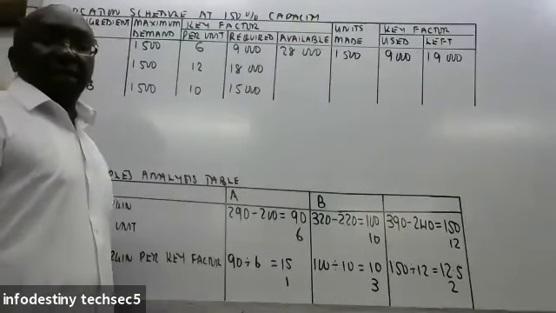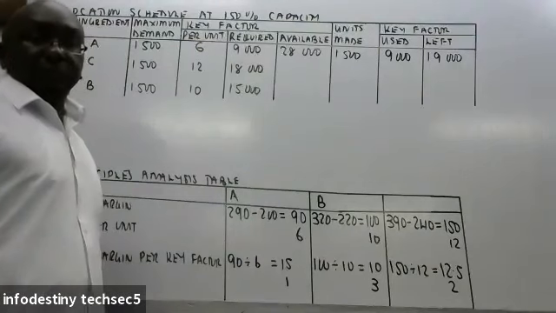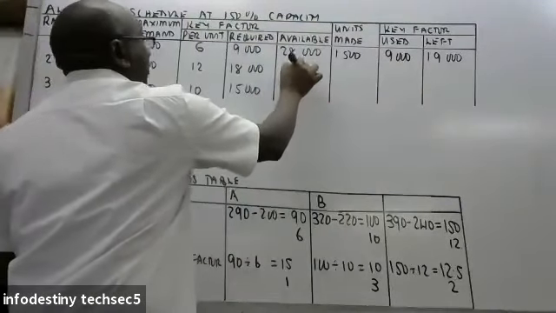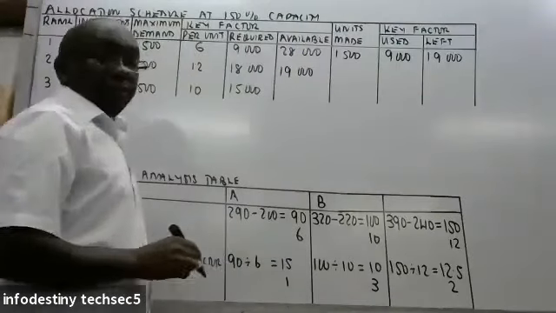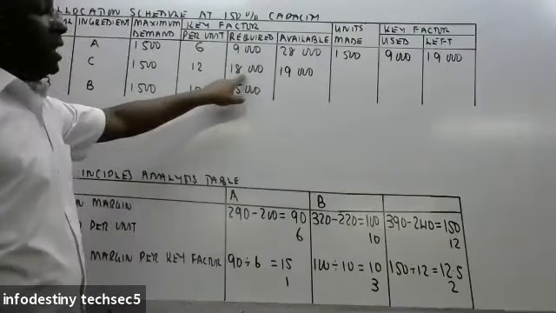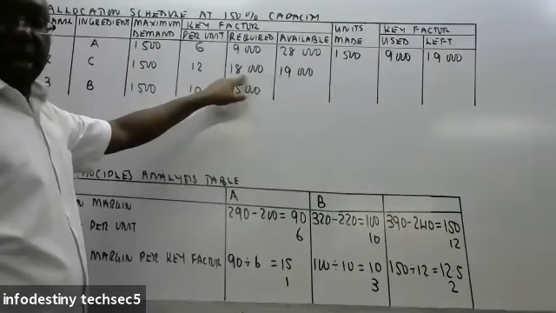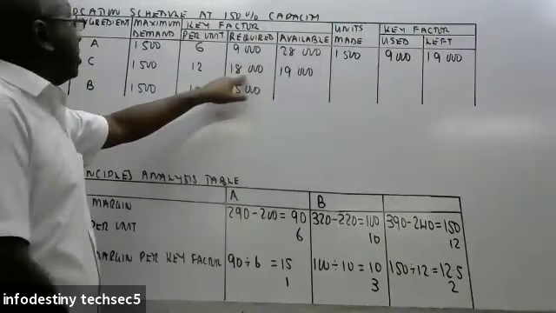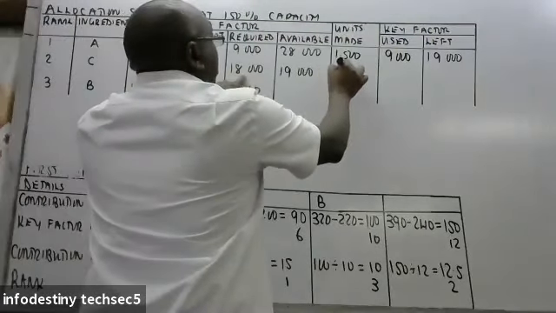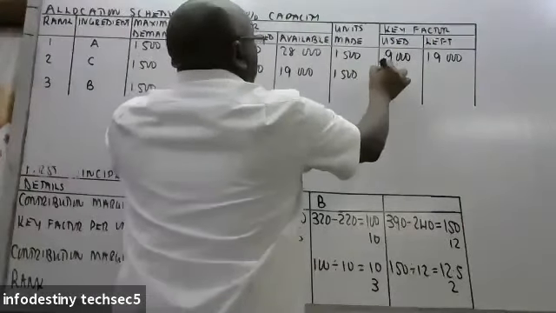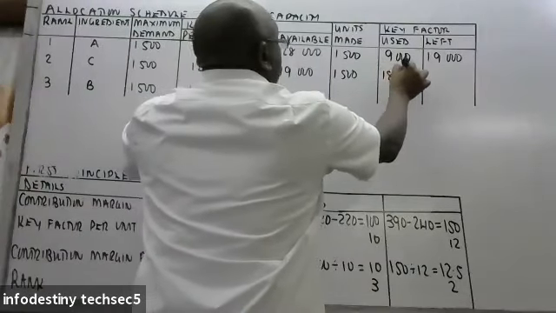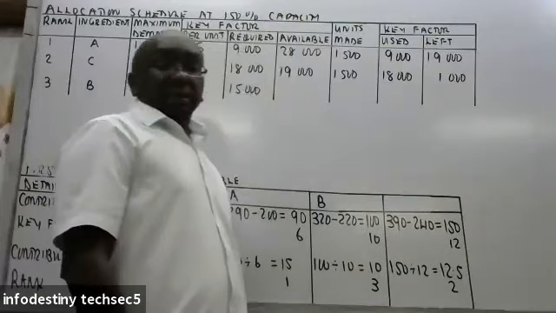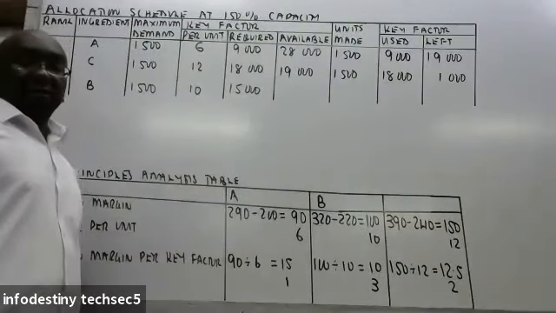The 19,000 becomes available for number 2, which requires 18,000. And if it requires 18,000, we can afford. So we make 1,500, we have used 18,000 and we are left with 1,000.